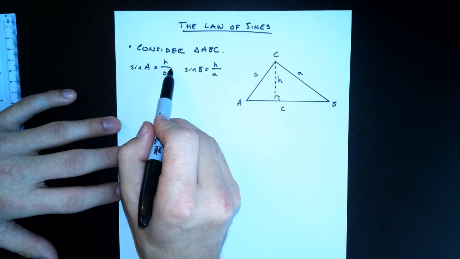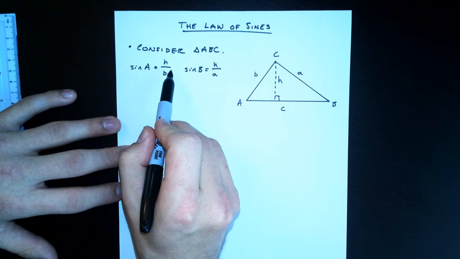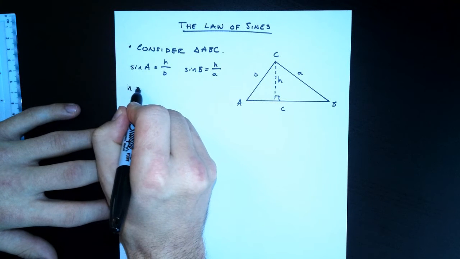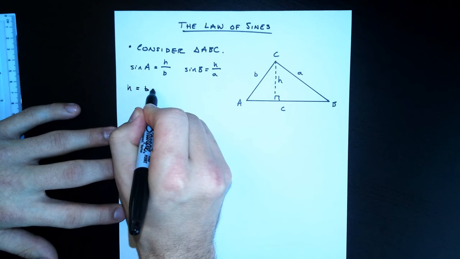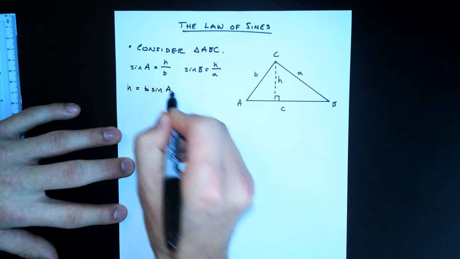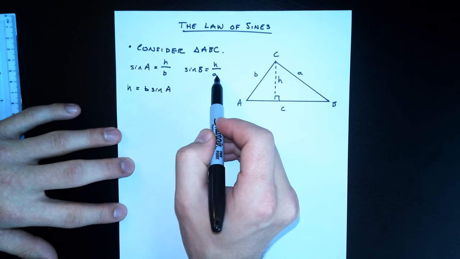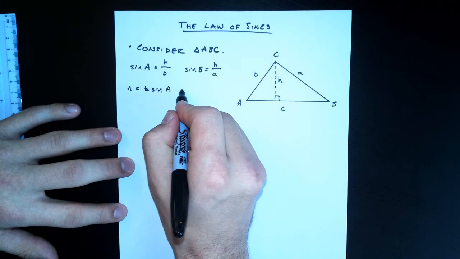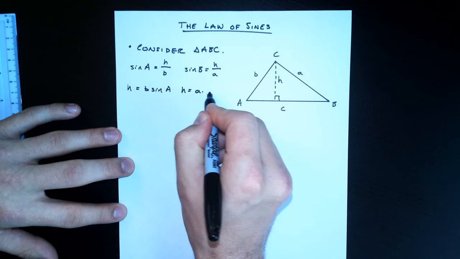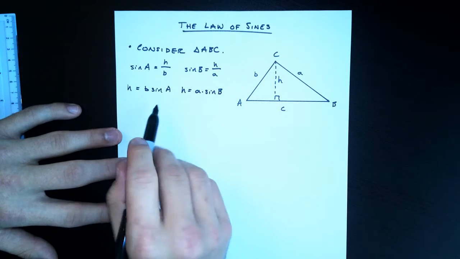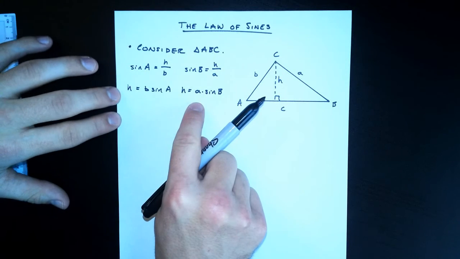I'm going to start by taking this first equation and multiplying both sides by b. That will isolate the H. So H is equal to b times the sine of A. And let's do the same thing with our second equation. Let's multiply both sides by a. So now we have two equations.